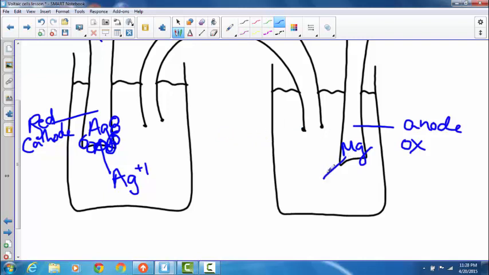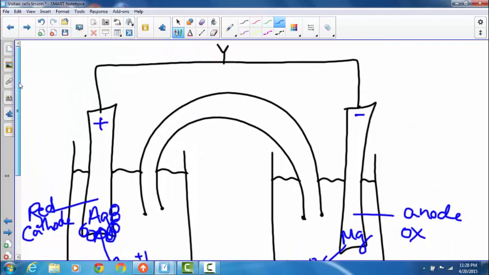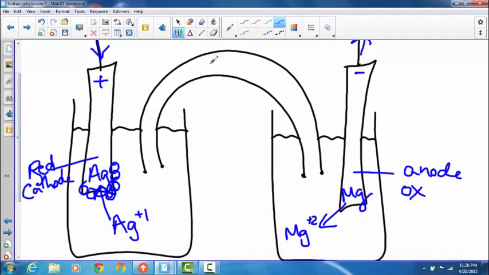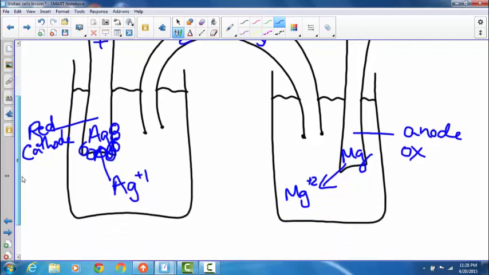Over here, this one's losing, and it's going to become Mg plus 2 ions. As it loses, it also loses electrons, so I need to show the electrons moving through the wire in this direction. So these are my electrons, and they are gained over here by the cathode. I have ions that can be transferred back and forth through the salt bridge.